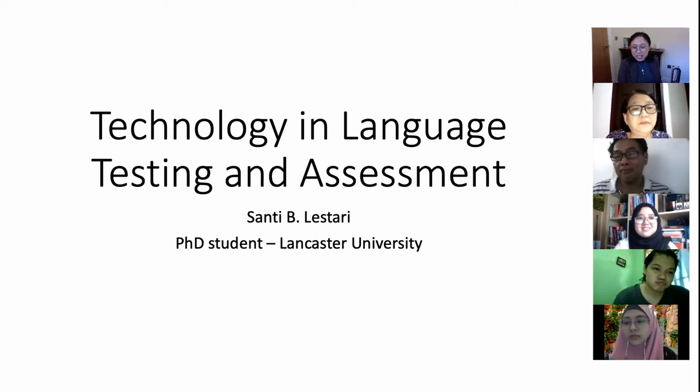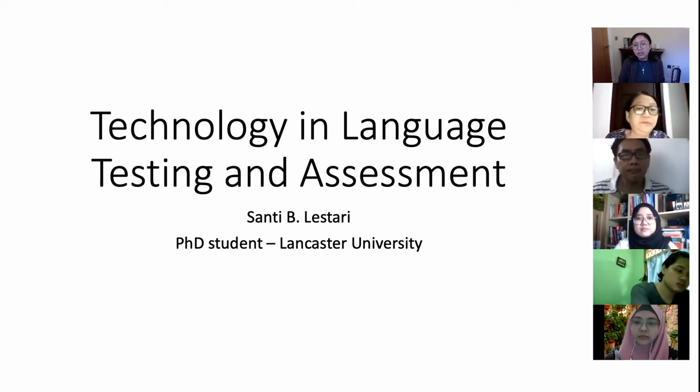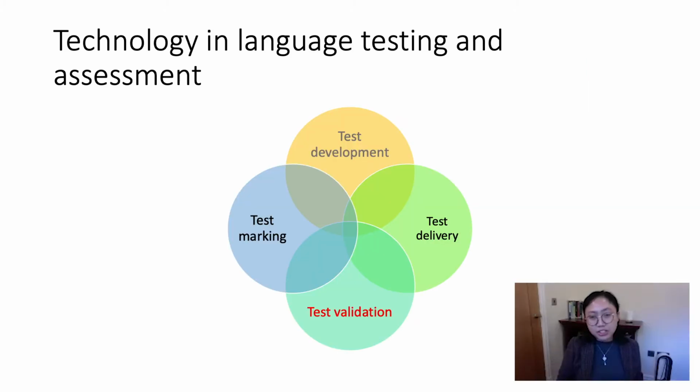And today I'll be talking about how technology has actually played a role in language testing and assessment. And in particular, I'll be talking about the role of technology in 4 different areas of language testing: test development, test delivery and administration, test marking, and test validation.